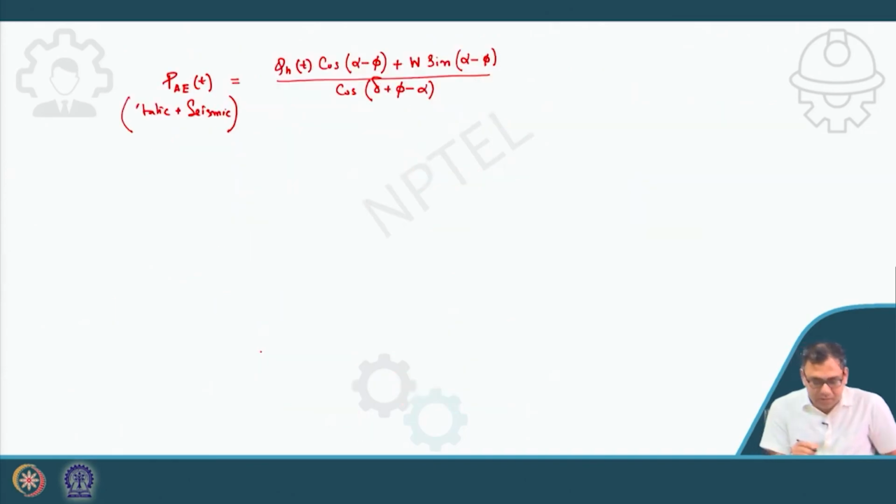Here the amplification effect has not been incorporated, but that also can be incorporated, though the phase difference is there. Now, I can get the total earth pressure distribution. So this small PAE T is the total earth pressure distribution.